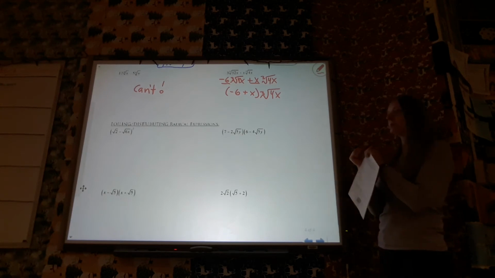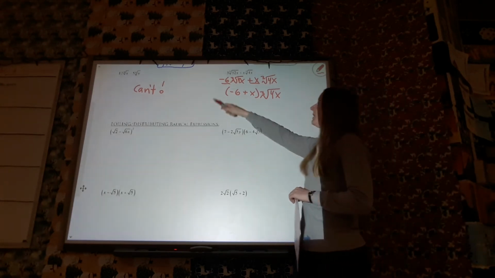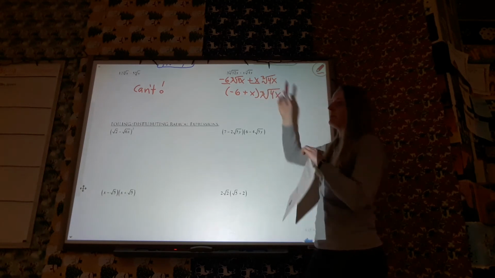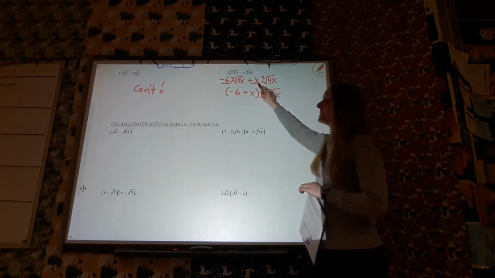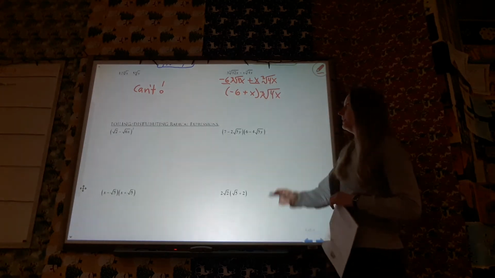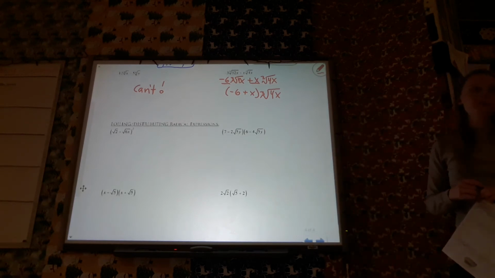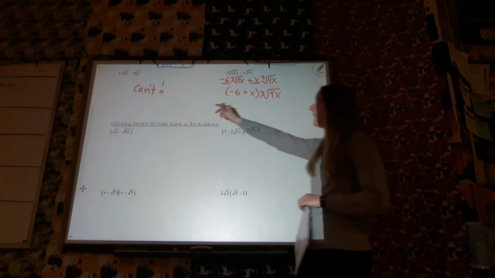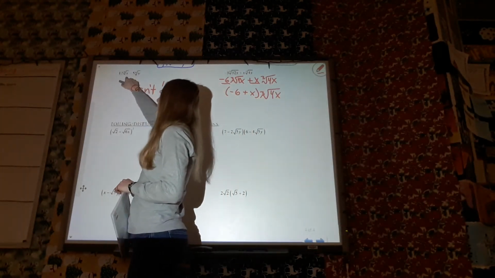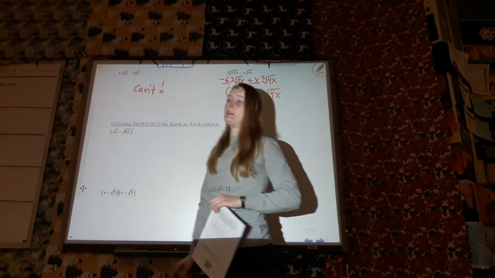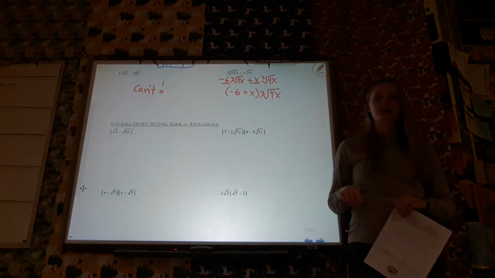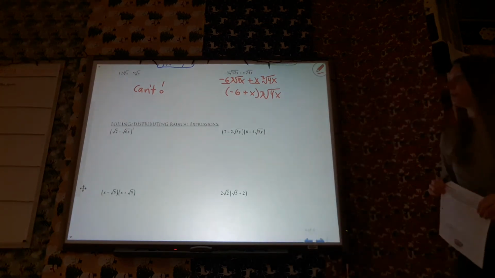That's your main focus. Then, in addition, if the front terms are the same, you can add them, but if the front terms are not, then you write it like this. Just like over here, you can't add them unless the insides are the same and the indices are the same. The radicands and the indices need to be the same.